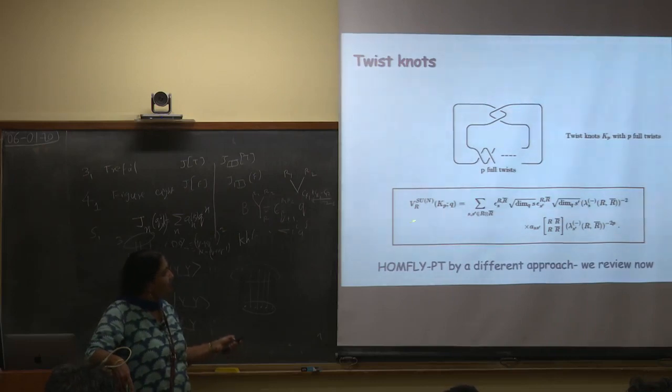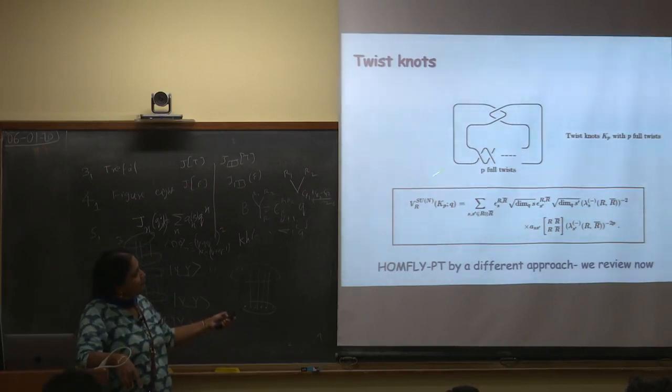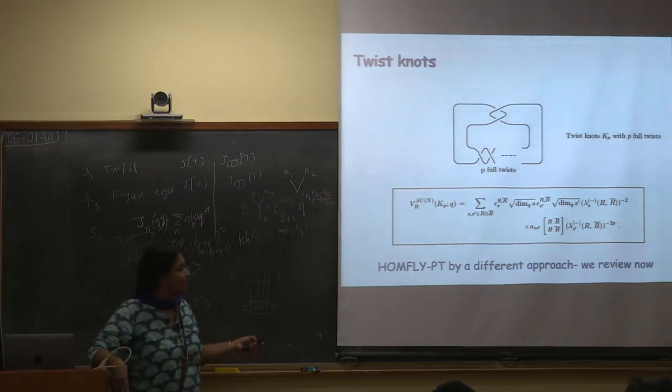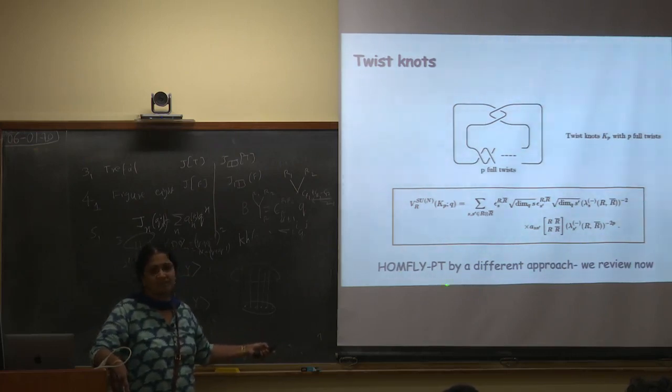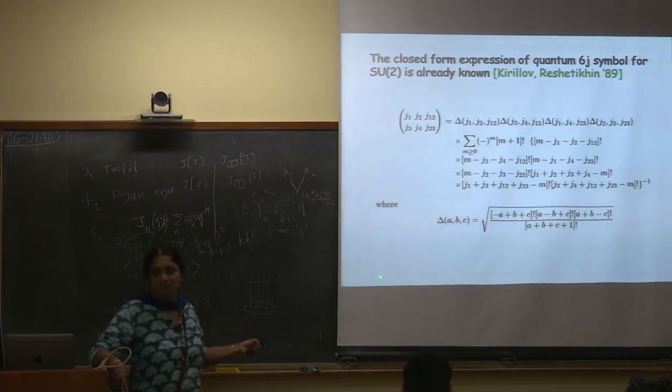To achieve this, what we found with Satoshi and collaborators is that there is a good class, called twist knots, where the invariant can be written the Chern-Simons way involving one of these Wigner 6j symbols, and there is an alternate way in which we could attempt this, looking at the results of the mathematicians. Comparing these 2, we tried to extract this element for some simple representations, and then we went back and tried to write it in this form.